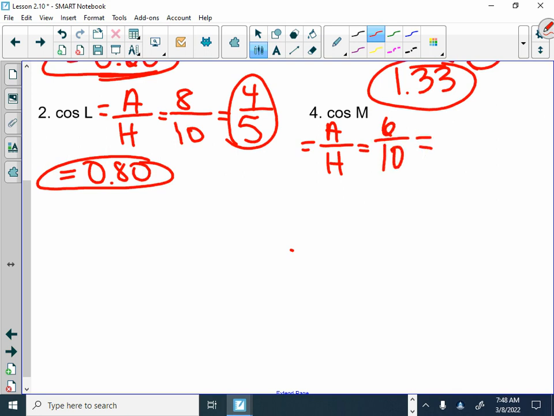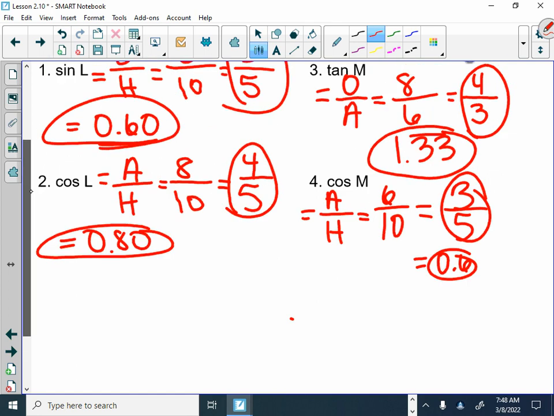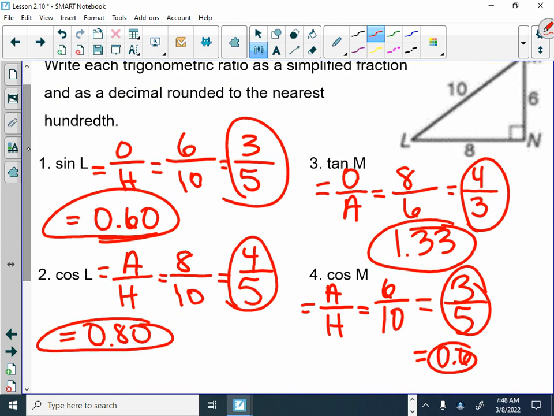So that is 3/5, which we already said was 0.6. So notice that for the sine of L and cosine of M, they were the same even though we were looking at different angles because we're looking at the same parts of the triangle. So some of these values can be the same if you're using the same parts of the triangle.